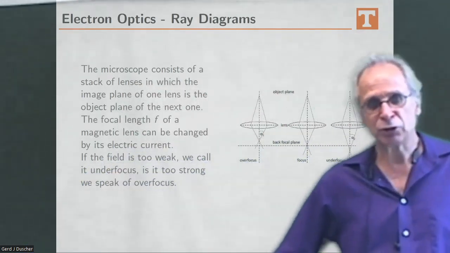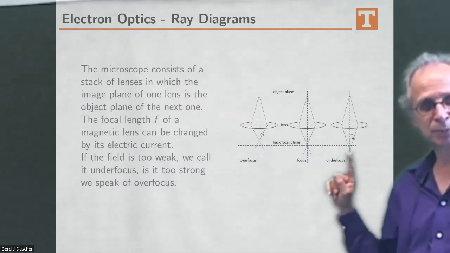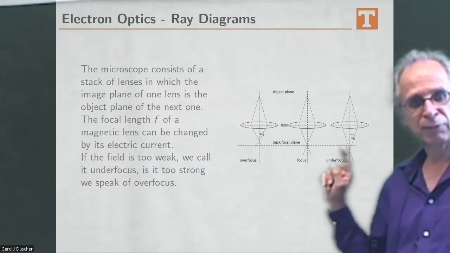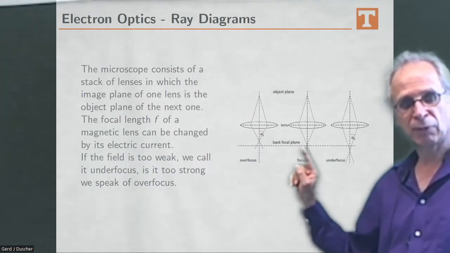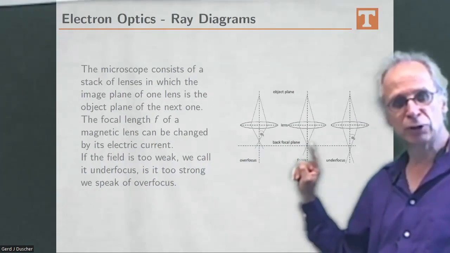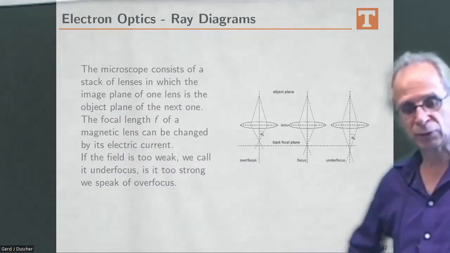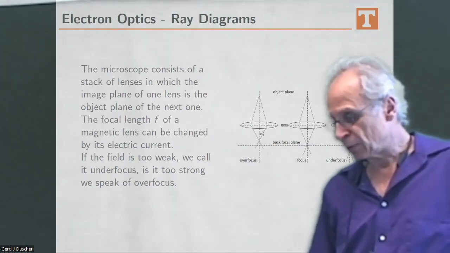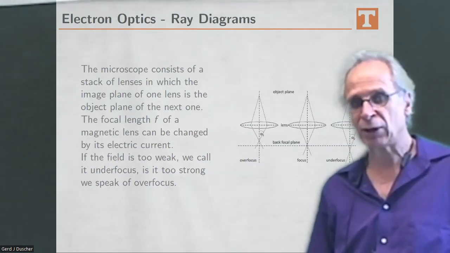Electron microscopes are usually produced in under focus. So it means the focal point for the electron beam is below. We have a perfect Gaussian focus. So then we are perfectly in focus, and we are over focused on that side. So that is the convention of how we are using that.